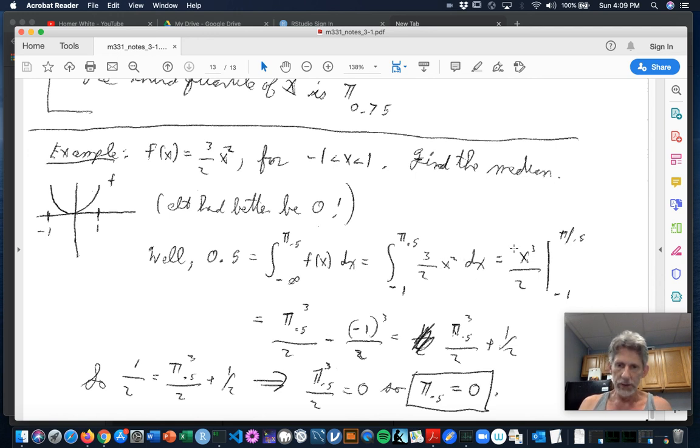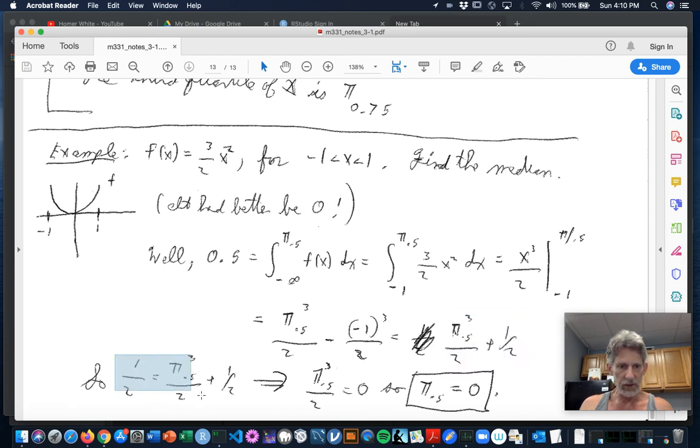And so I do, let's see, the integral of 3x squared is exactly x cubed. I've still got my over 2 hanging around. I evaluate at pi 0.5 and at -1. So I got pi 0.5 cubed over 2 minus (-1) cubed over 2, which simplifies to this stuff. And so I say that the half has to equal this stuff.